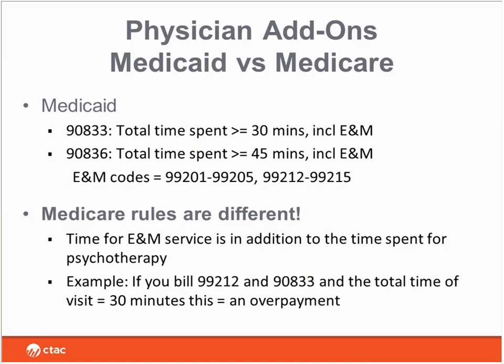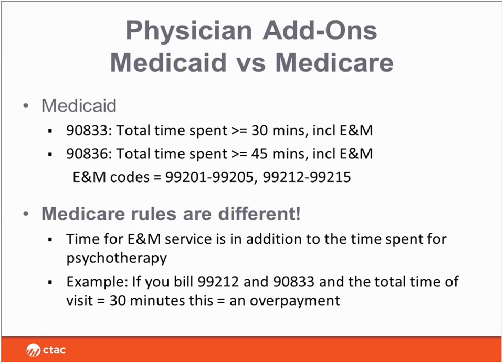The thing I want to note is the rules for Medicare are not the same as the rules for Medicaid. The state had the option to include the 30 minutes of psychotherapy time within the total time that is spent.